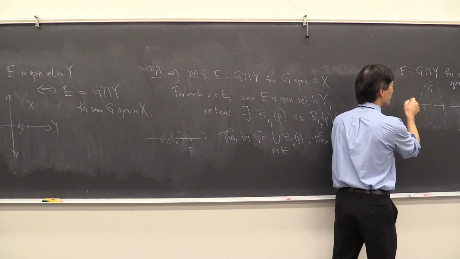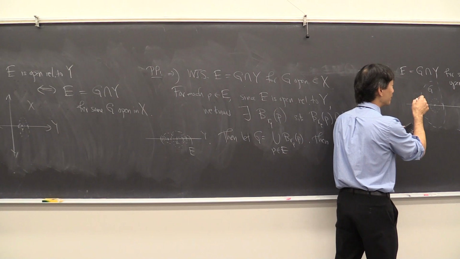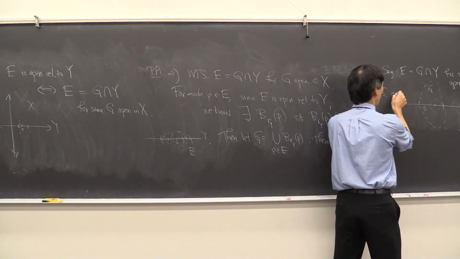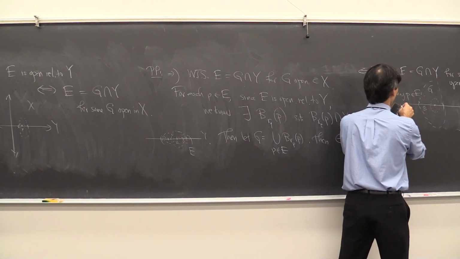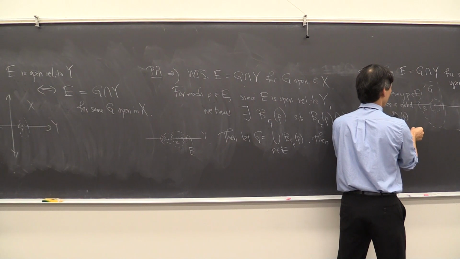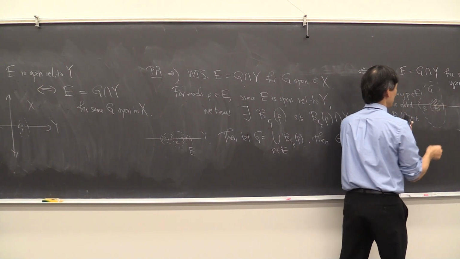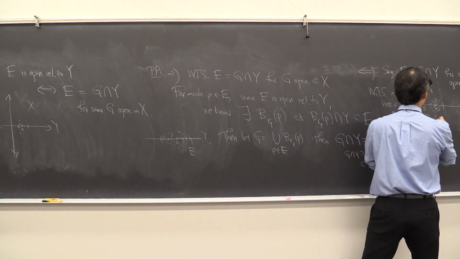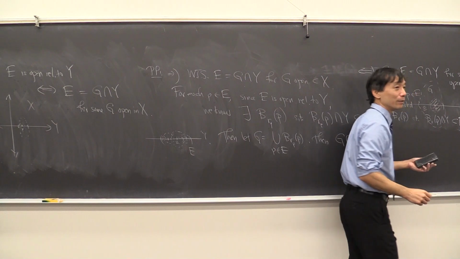You don't want to say every neighborhood in E, but rather every point in E has a neighborhood, a neighborhood B_r(p), such that when you intersect it with Y, that's contained in E.